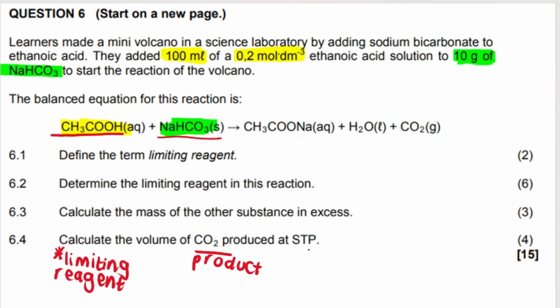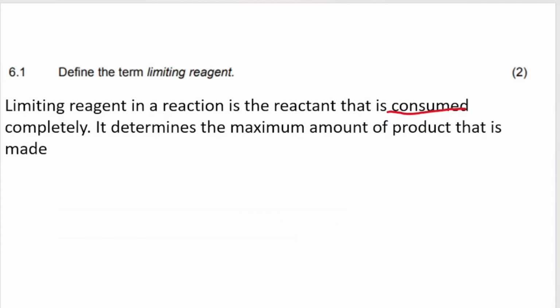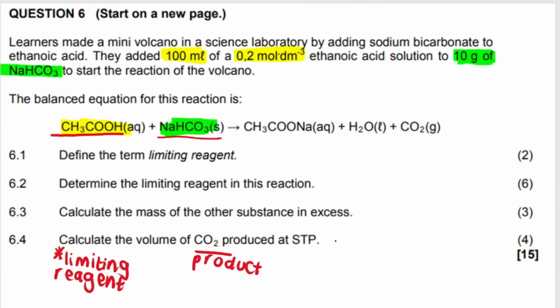Now this question is actually quite straightforward once you've worked out what the limiting reagent is. Because remember, our definition is that the limiting reagent determines the amount of product that is made. We know our limiting reagent is our acid. We use our limiting reagent, which is our acid, in a mole ratio with our product.